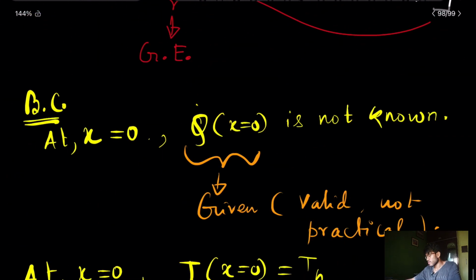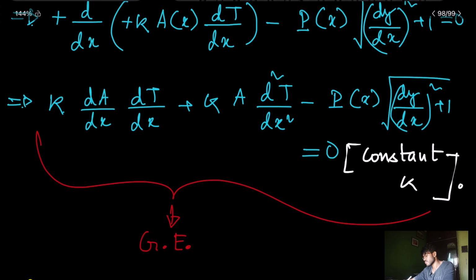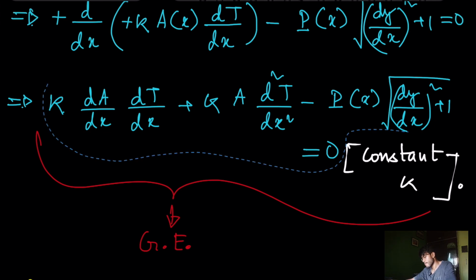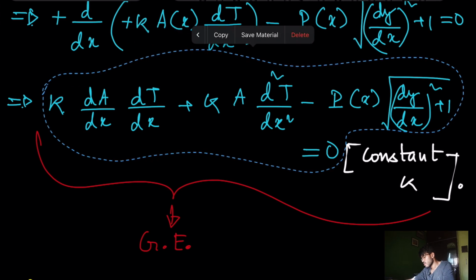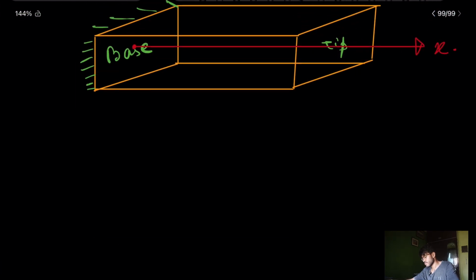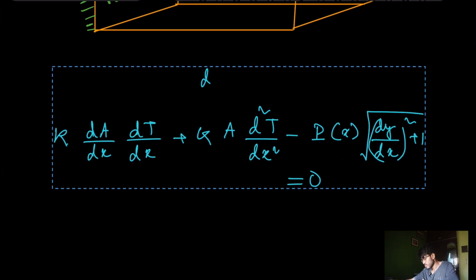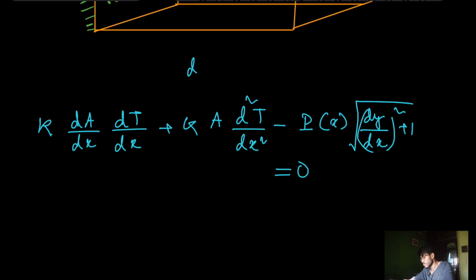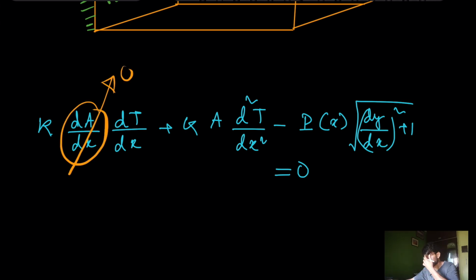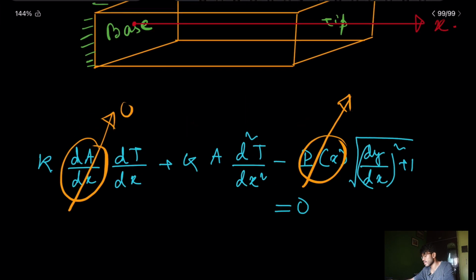So now let me copy the governing equation. Okay, this is the governing equation. Now in this governing equation, this term is 0 because A is not a function of x. Now this is a constant, and what will be that constant?